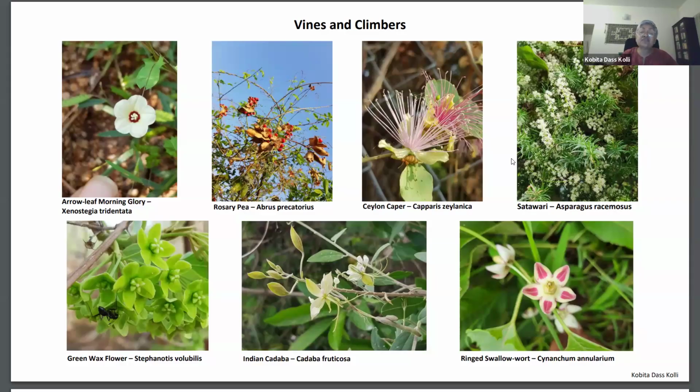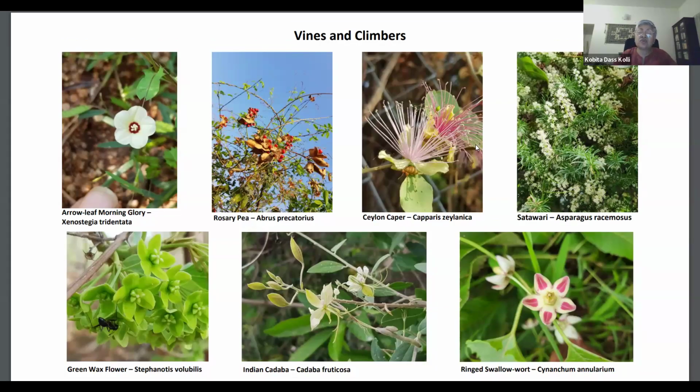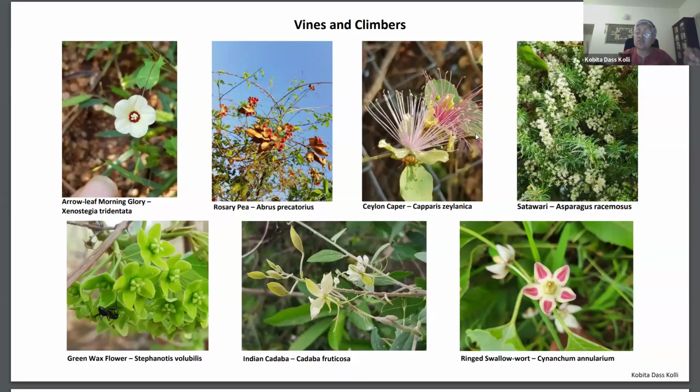But there are others, for example the abrus or the capparis, where you may see dry stems and twigs and maybe a few leaves, and in this abrus you will see just the pods with the red seeds. It's called rosary pea because of those seeds, and they're quite distinguishable.